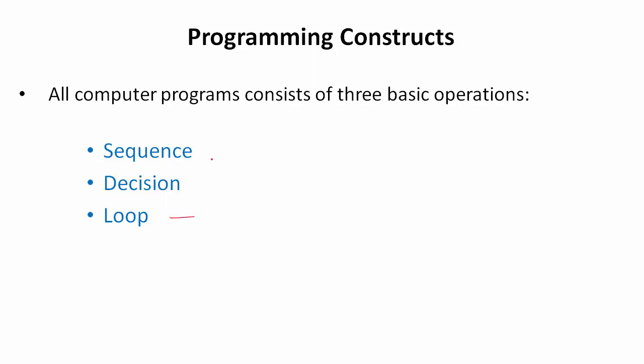A sequence is doing one or more things. A decision is deciding which ones to do next, and a loop is repeating those. If you think about a computer program in terms of those three constructs, it becomes very simple to piece them together in order to accomplish tasks. And this becomes very important when you start programming a robot to do something.